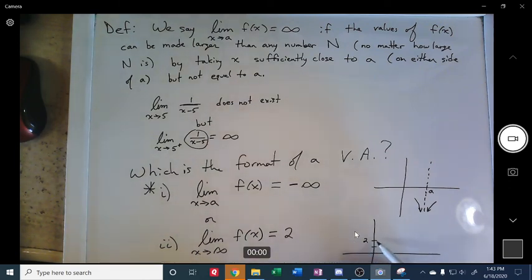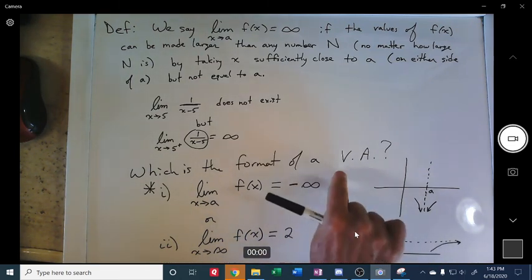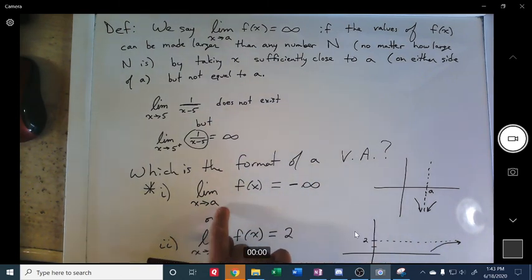This is a horizontal asymptote, because the output is now 2, and as x gets super, super large, the function is getting closer and closer to 2. Now this is going to be the focus of the next section that we look at: horizontal asymptotes. But vertical asymptotes, it's like this.